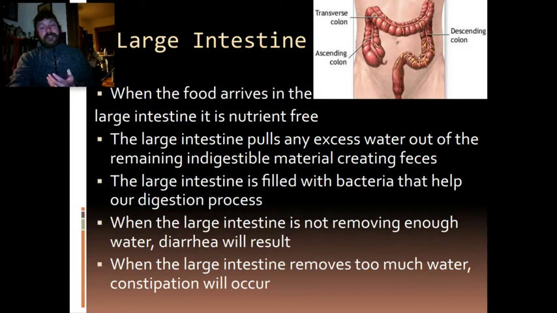When the large intestine is doing its job, removing just the right amount of water, it creates feces that are solid and not terribly liquid. But sometimes that doesn't work, and as a result you end up with diarrhea if you have too much water, or constipation if you don't have enough water. Obviously both can be inconvenient, it just depends on the situation.